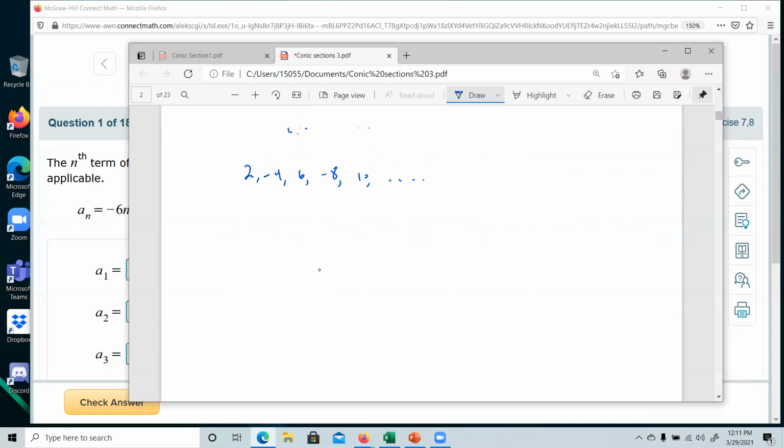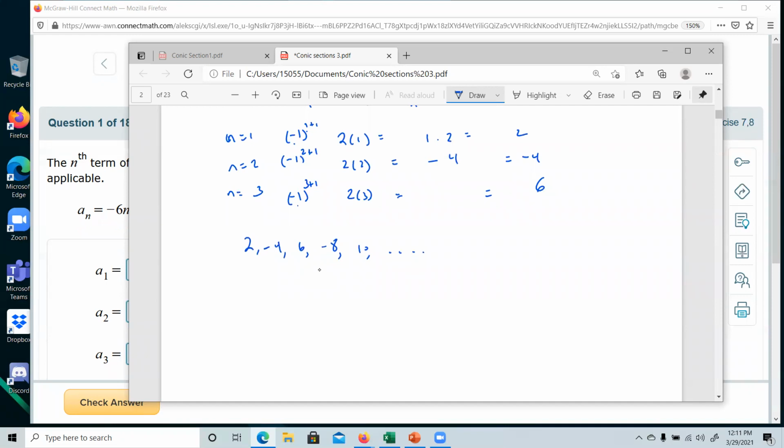So let's see here. The alternating sequences, we kind of talked about them here. Just alternate signs. Usually you're going to see a -1 to the n, -1 to the n plus 1, because every time n goes to even, there's a sign change.